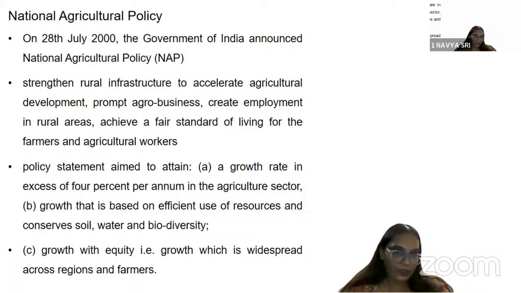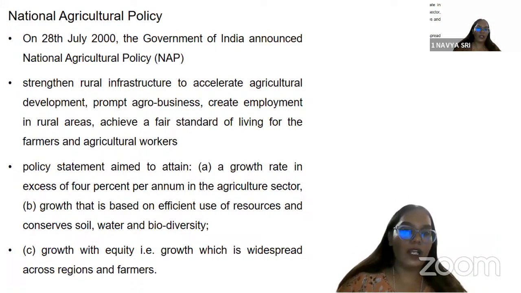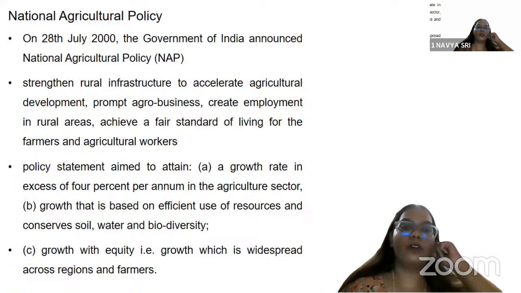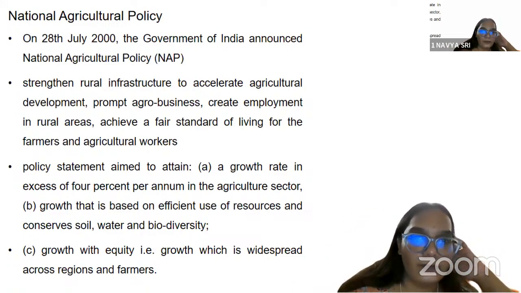Even though these policies have been pushed for, there are drawbacks to any policies, right? So what happened with these NAPs or the 2000 or new industrial policy has been like this.